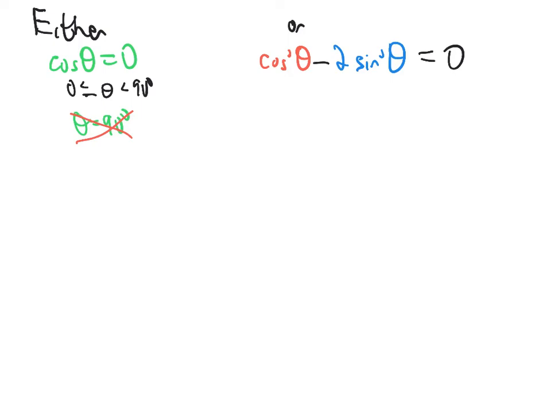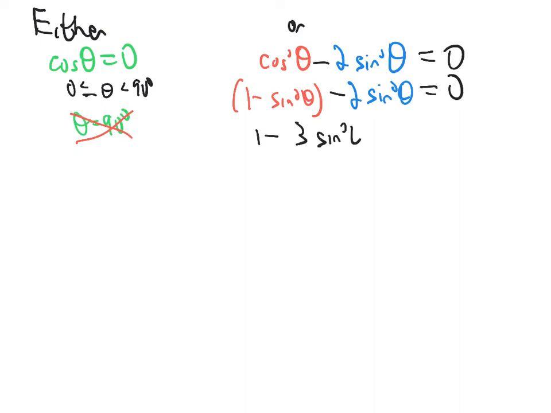And the way I'm going to do that is I'm going to replace cosine squared theta as 1 minus sine squared theta. It doesn't really matter which of them we replace, but we definitely want to replace one or the other. I'm just going to do this because it's less to multiply if I take the thing that has a prefactor of 1. And so putting all of that together, we get 1 minus 3 sine squared theta equals 0, or 3 sine squared theta equals 1.